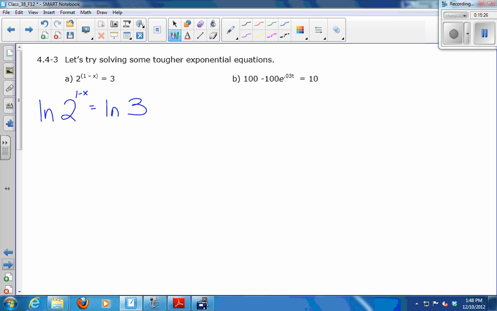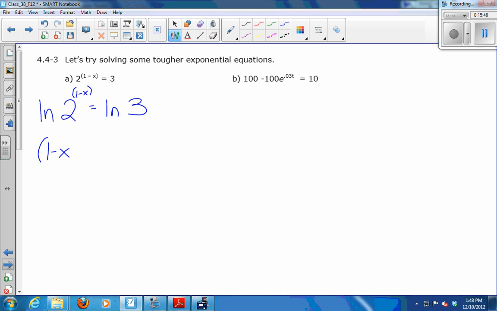You might like the common log. You might do log base 2 because the base is 2 here in the exponent. Either way, however you do it, we can now apply the property of exponents that lets me take this exponent and put it down in front.